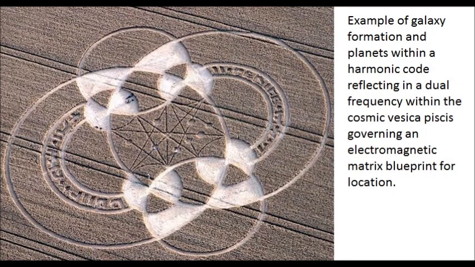It reminds me of an example of a galaxy in the same code, formed within a vesica Pisces, like it formed the basic pattern of the galaxy, and then if you deflect it around, if you imagine like a Pong game or something, it seems to deflect nicely into this pattern.